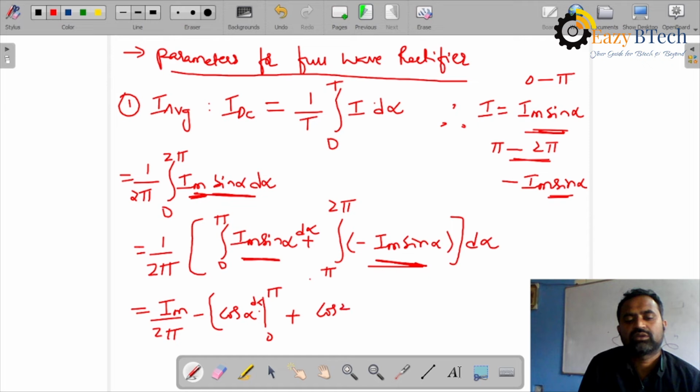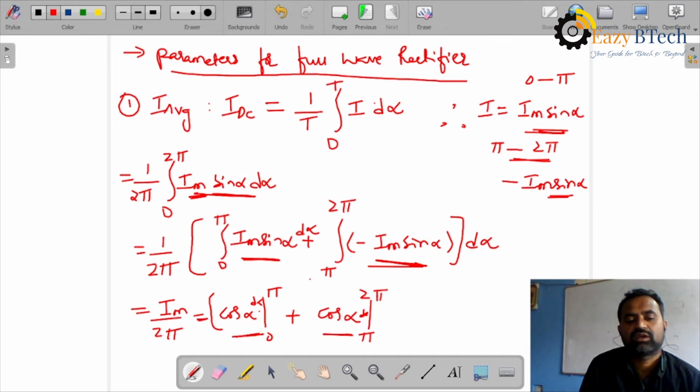You may see here integral, here minus is there, and integral of sin is minus, minus into minus becomes plus cos alpha, interval between pi to 2 pi d alpha. Now remember the cos.